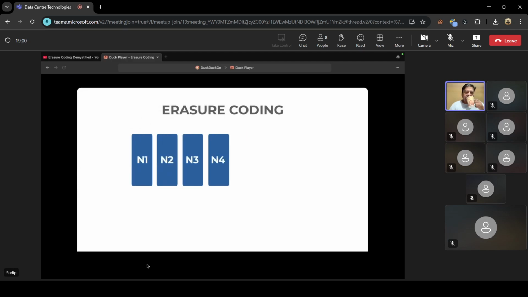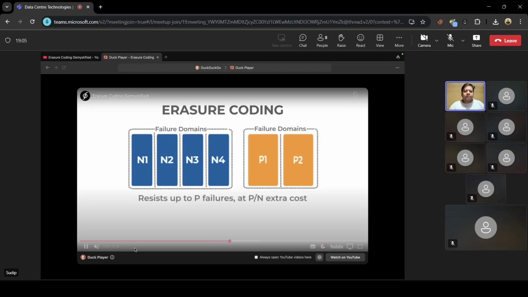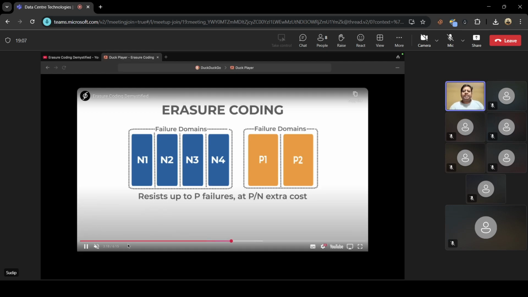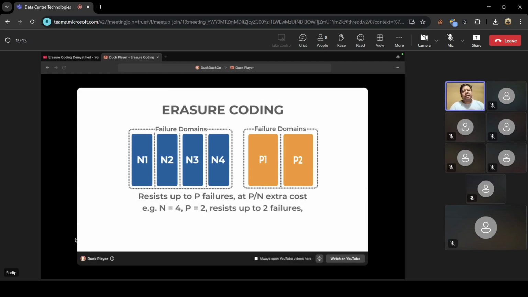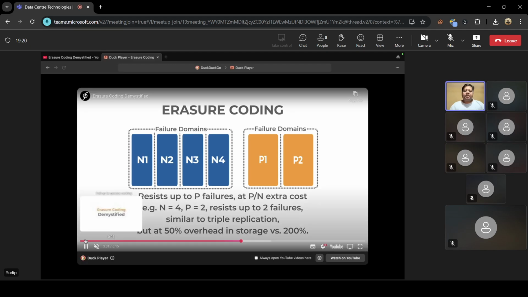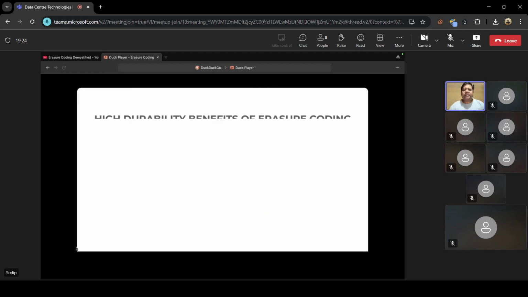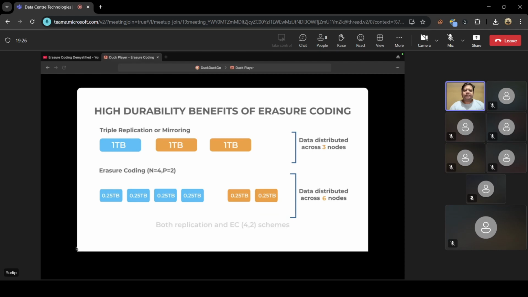And this is where erasure coding is born. What erasure coding does is, without the overheads of performance, you can still do parity calculation, but at a much lesser overhead. And that's the concept of erasure coding.